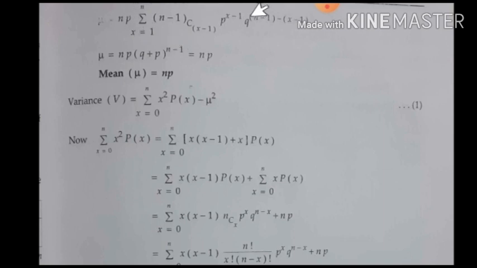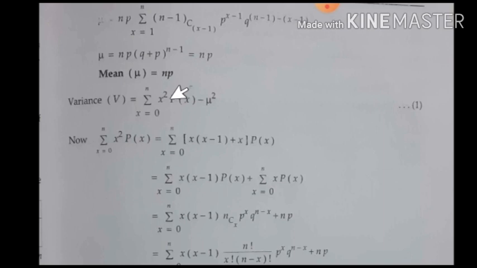Hence this summation part, in short, we can write in that form using the binomial expansion definition. So what we obtain: the mean of the binomial distribution is nothing but n into p.